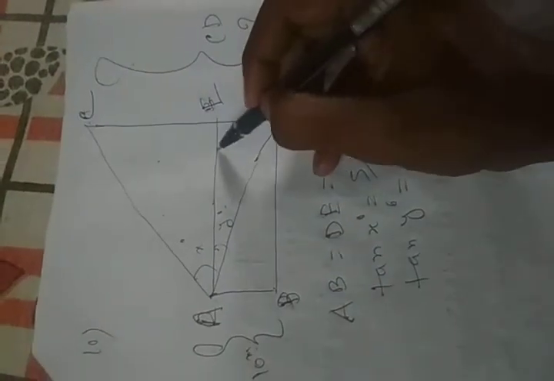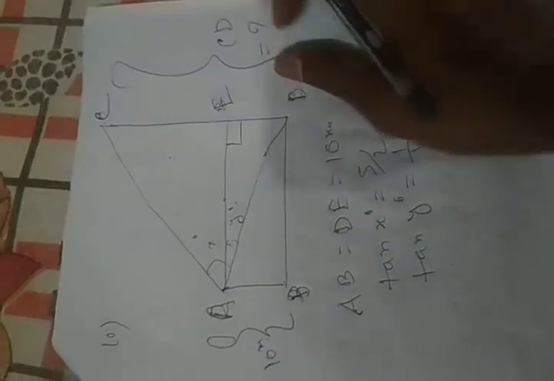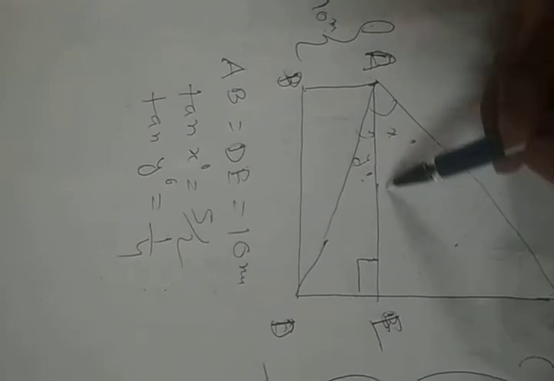Now here that one is 90 degrees. So if I turn this, it is clear that it is a right angle triangle, DE is the height, AE is the base, and AD is the hypotenuse.